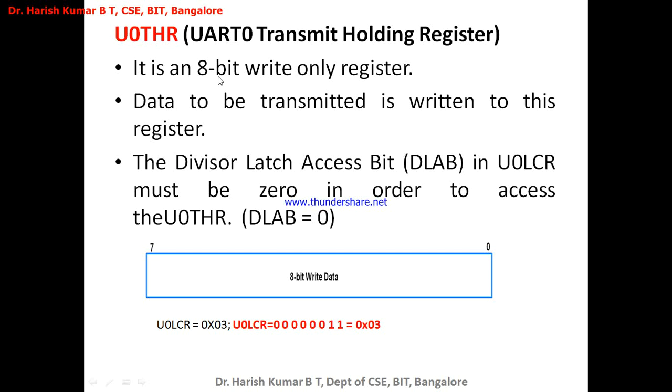Next, U0THR, the transmit holding register. The data which you want to send should be assigned to this U0THR. And one important thing is, before assigning the data to this register, DLAB should be made 0. You'll be making DLAB 1 in order to define the data format. After the data format is done and after you compute U0DLL and U0DLM, just make this back to 0.